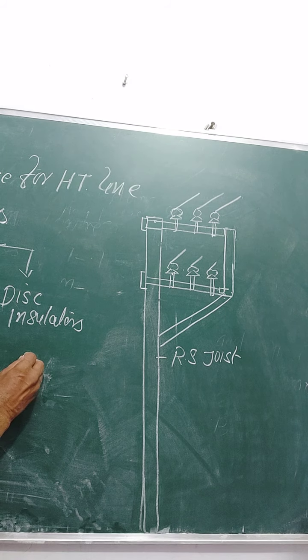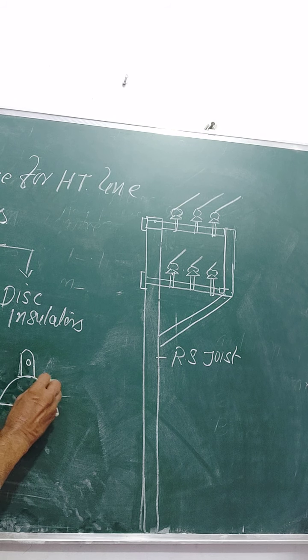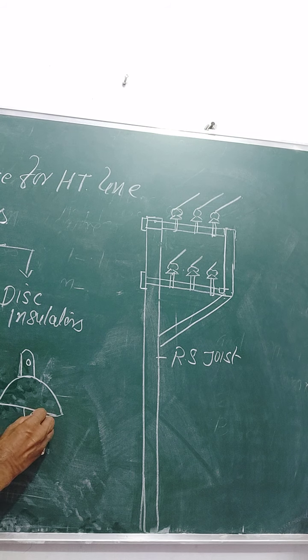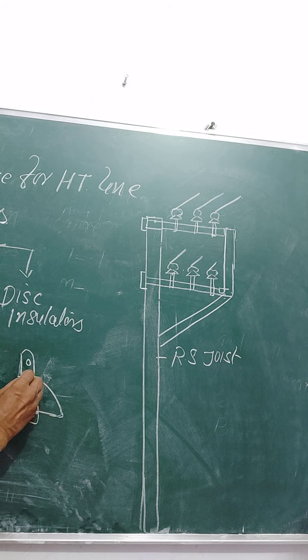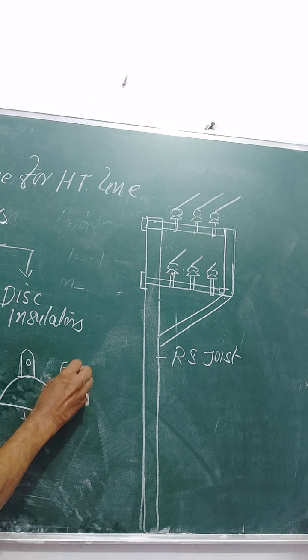The disc insulators are normally used on turning location when line is turned more than 30-degree angle. Then we have to use this disc insulator. These disc insulators have different EMS value, electromechanical strength.